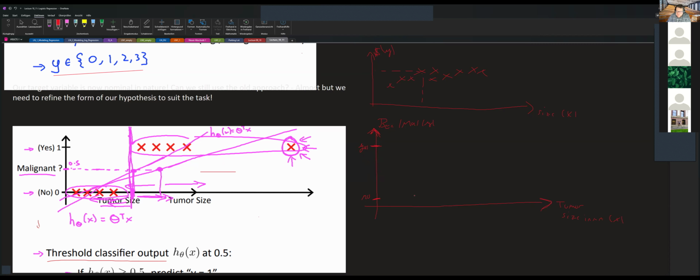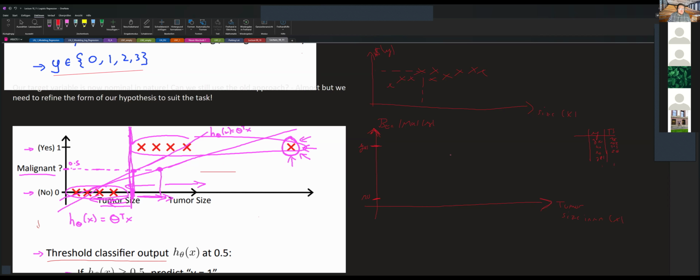So my training data basically looks like this: I have Y and I have tumor size. Tumor size can have all different values, but Y only says yes or no. Yes, no, no, yes, and so on. This is how my data looks like.